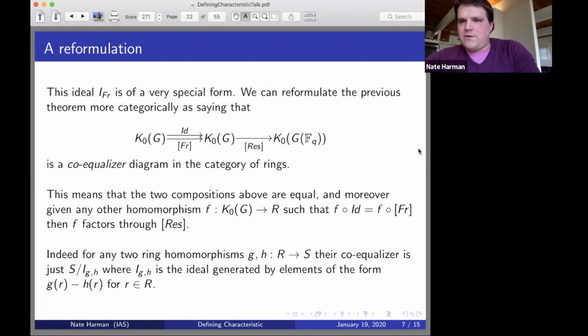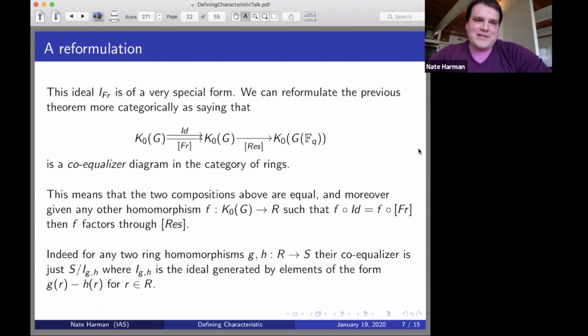This is some sort of categorical thing that you can always ask whether it exists, but for rings it's a pretty straightforward construction. So there's really no new content in this reformulation, but it's a convenient language to use.